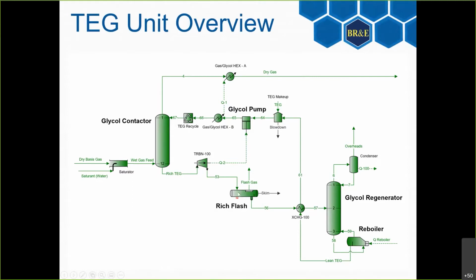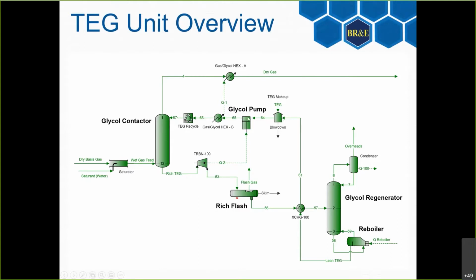We also vaporize some hydrocarbons as well. We run it through a lean rich exchanger to increase its temperature, and then we boil off the water in our glycol regenerator. We have that temperature around 390 degrees Fahrenheit, as high as we can get without degrading the triethylene glycol. This does a good job to promote stripping of the water. So now we have our lean TEG, which has a much lower water content for our solvent, and that gets circulated back.